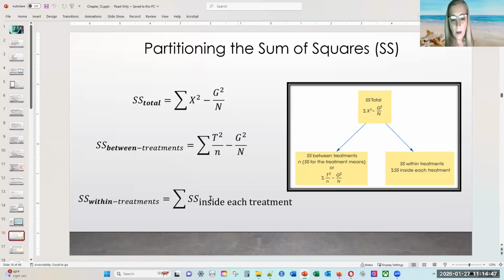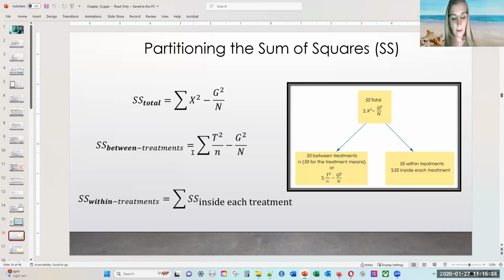All right, so here are the formulas that are related to sum of squares, right? So for total sum of squares, you would add up the square of each score and subtract the square of the grand total divided by total n. The sum of squares for between treatments is taking the total of the scores from each group, squaring it, and dividing by that group's n.